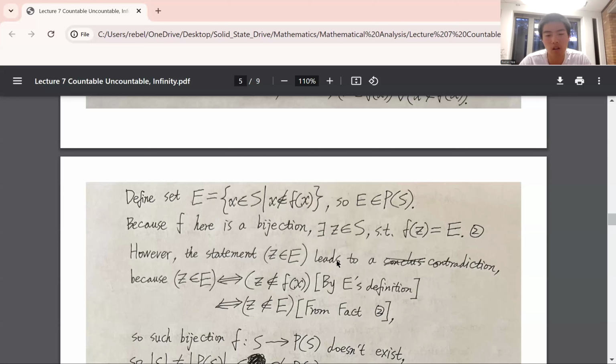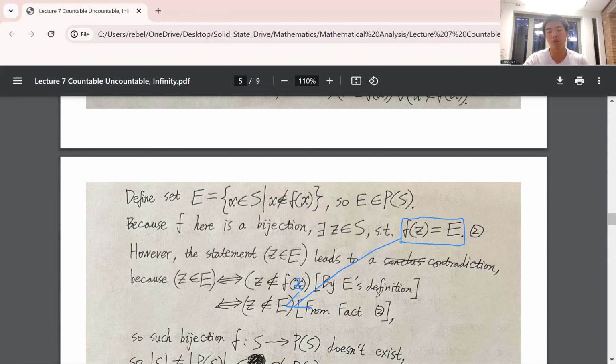So why is that? Now if we consider what z belongs to E means: z belongs to E means z does not belong to f(z). Yeah, there's a writing error here. If z is not in f(z), and f(z) is equal to E, then z does not belong to E. But z belongs to E if and only if z does not belong to f(z).